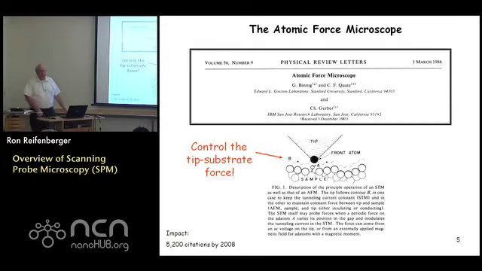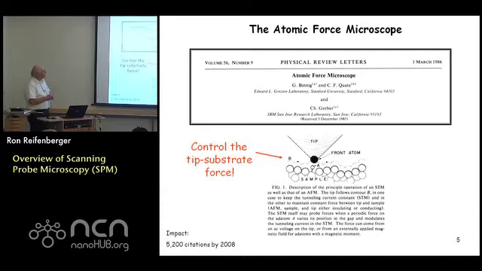When was the atomic force microscope invented? It turns out in 1986. This is the paper that appeared in March of that year. I have to say a word about the authors. Binnig was a scientist from IBM Zurich.